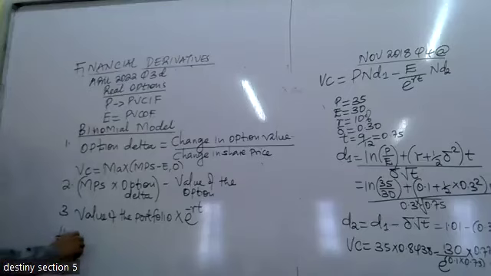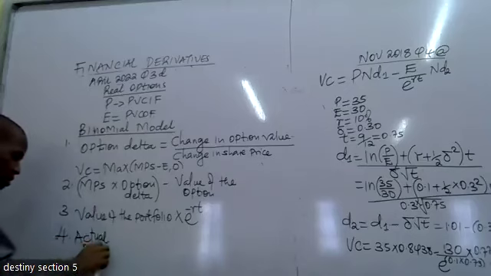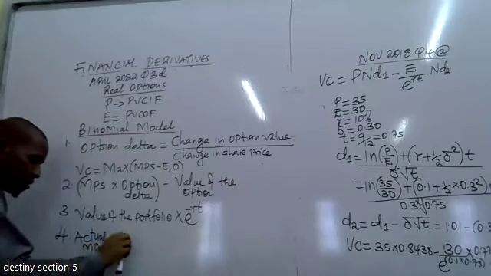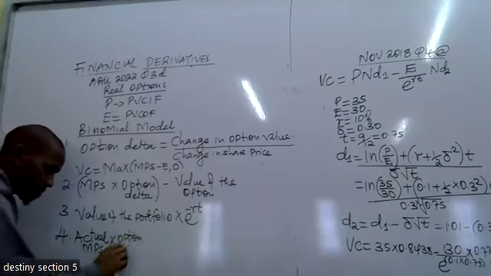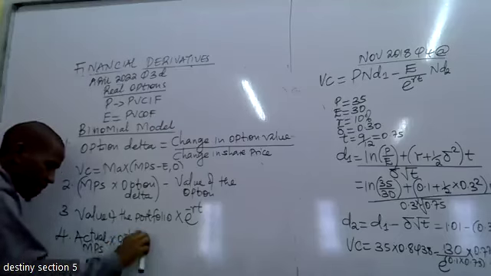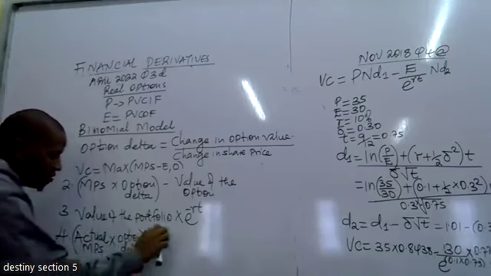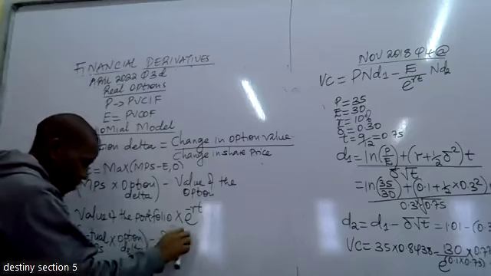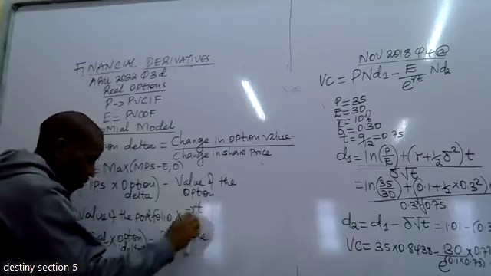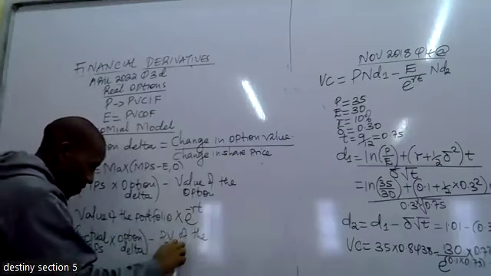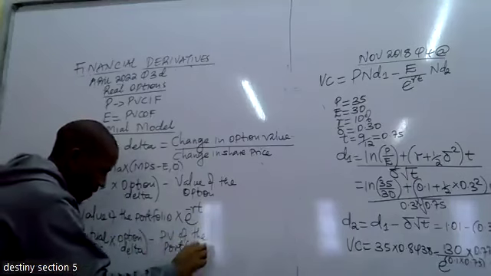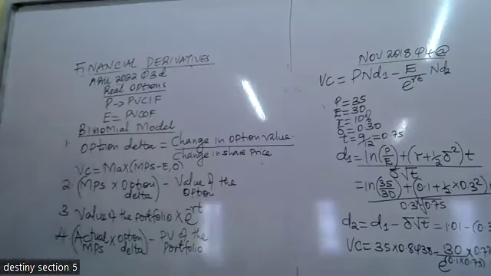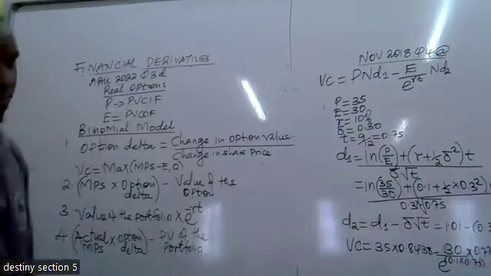This one we get by taking the actual MPS multiplied by the option delta, then you minus the present value of the portfolio.